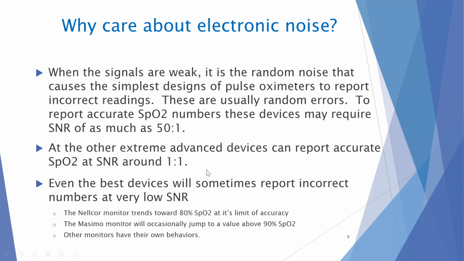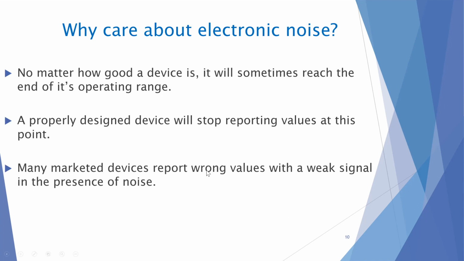So different algorithms react very differently to low SAT. The Nellcor algorithm, for example, for reasons in its filtering, tends to end up displaying a SAT of 80% when it's completely lost for a while before it says, okay, I'm lost.